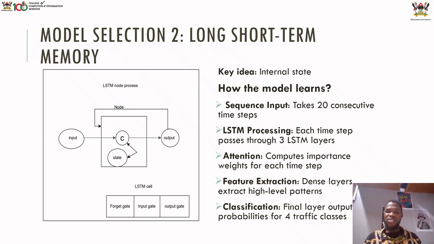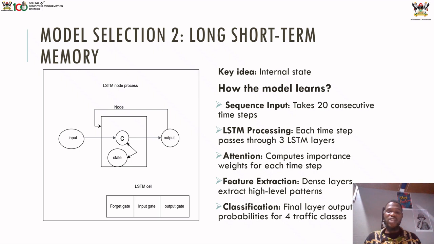So how the model learns is sequencing input. You first input a couple of time steps, and the model looks at them before it makes a decision. Then it undergoes what we call the LSTM processing. Each layer is responsible for learning here. And then the attention is about assigning weights. You assign weights to every step there.